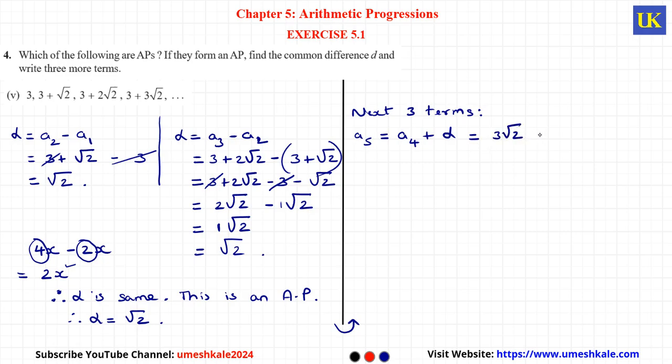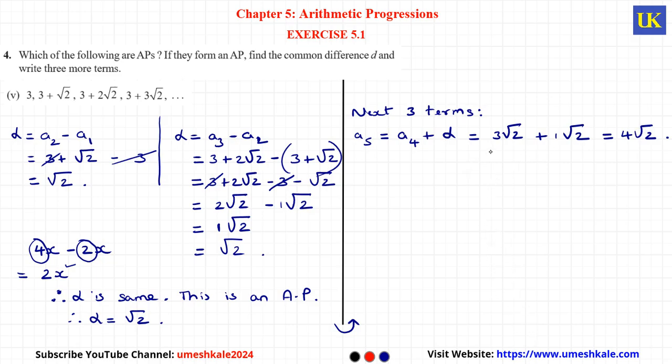Plus D is root 2. So we are adding here. So plus minus means we need to treat this root 2 like a variable x. So here nothing is there means 1 is there. So outside numbers only we have to add. So 3 plus 1 is 4 and write the root part as it is. 4 root. So this is our answer.